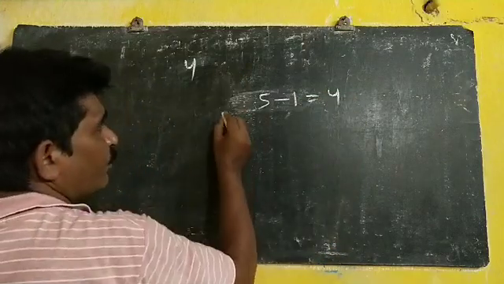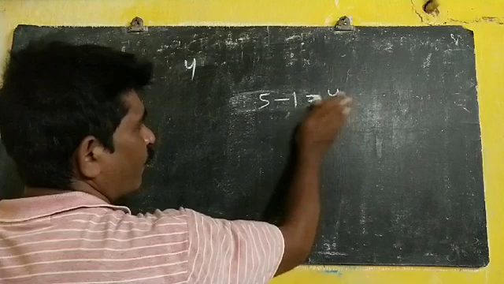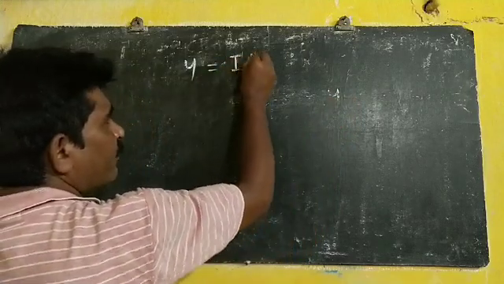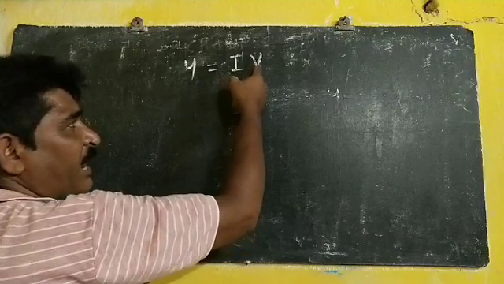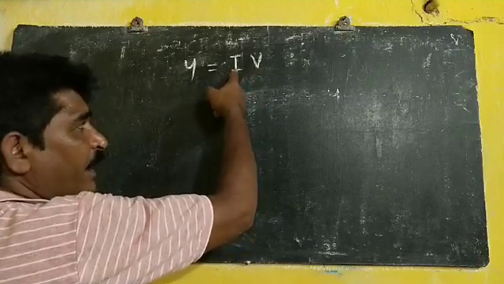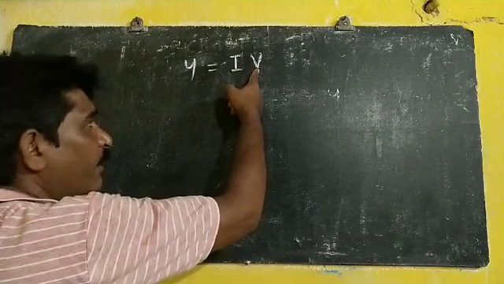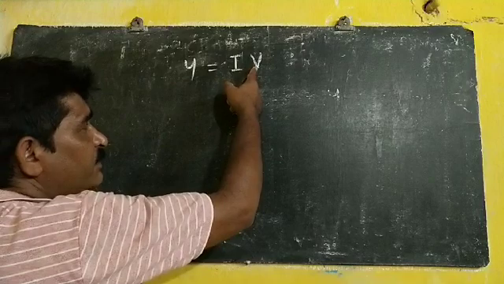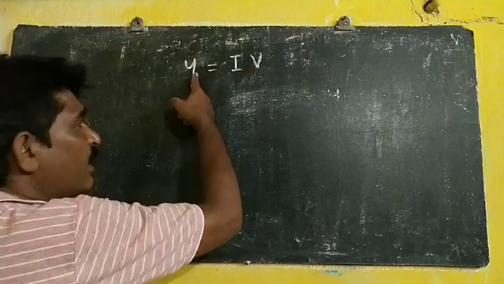So 4 is equal to what? 5 minus 1 equals 4. So 4 is IV: 1 rupee take and 5 rupees give. 1 rupee taking and 5 rupees giving. So 1 rupee take and 5 rupees give means you are giving 4 rupees or not? Clear?